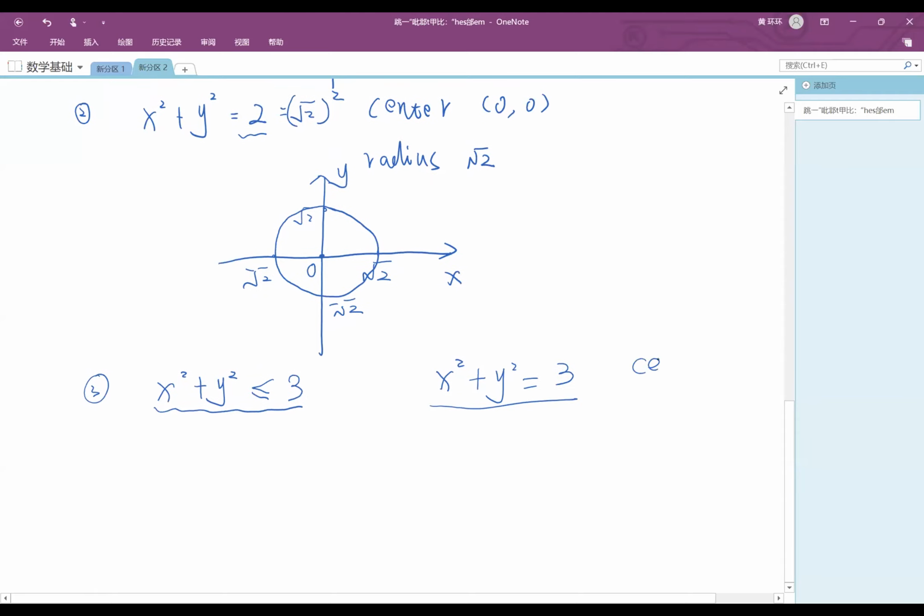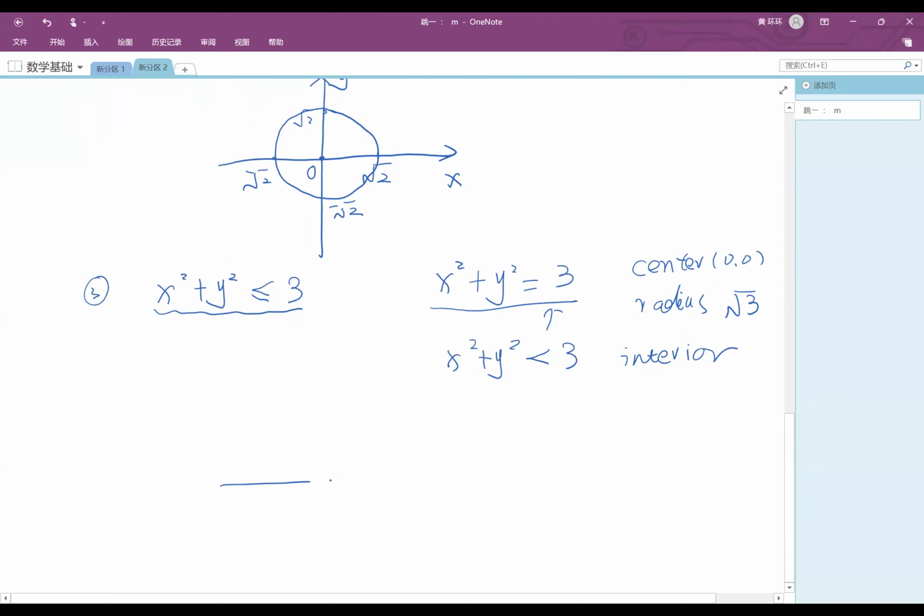The center for this circle is 0, 0, and the radius is the square root of 3. And then we study x squared plus y squared smaller than 3. This is the interior of this circle.